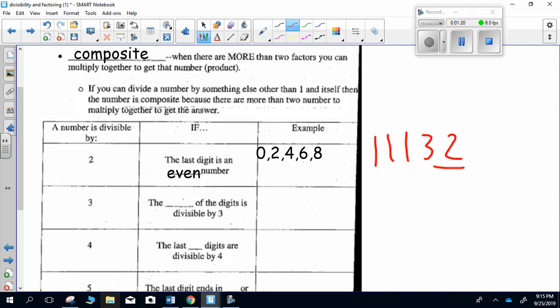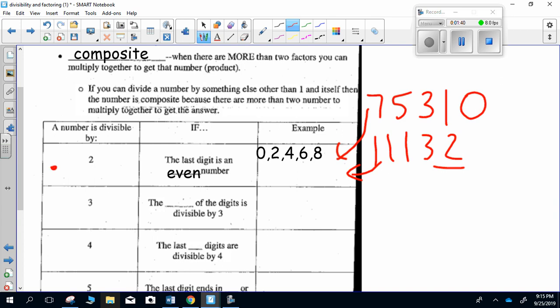I could write 7, 5, 3, 1, all odd digits, but if I end that number with a 0, it is also divisible by 2. Write these two examples as numbers that are even, therefore divisible by 2.